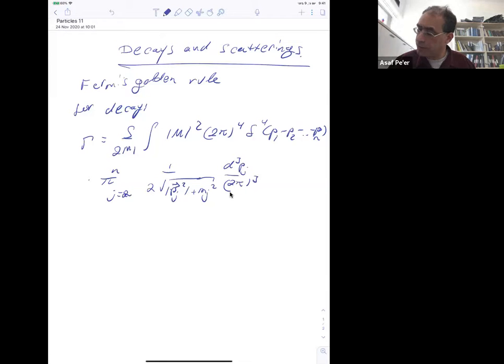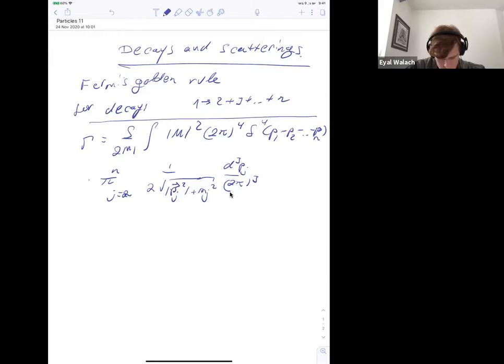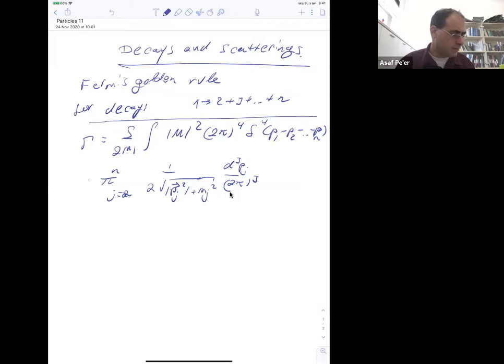So this is the decay of particle 1 into particles 2 plus 3 plus n. As we said, S is a statistical factor, and the rest are the momenta.